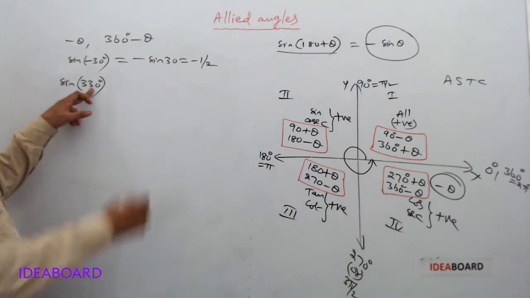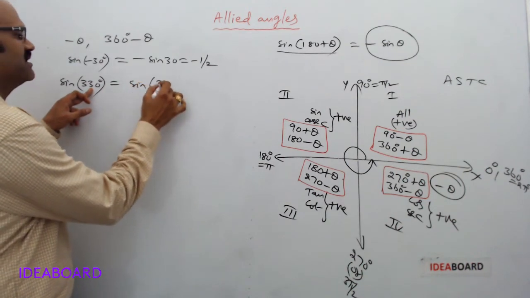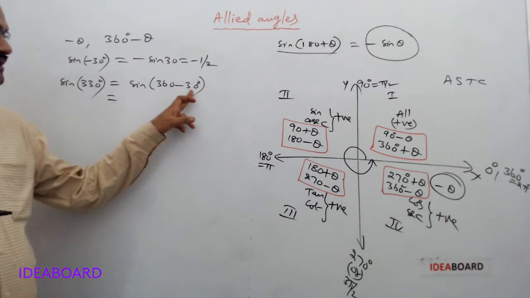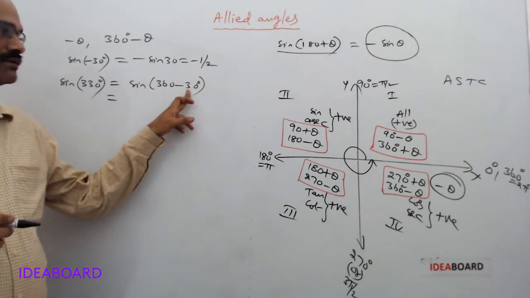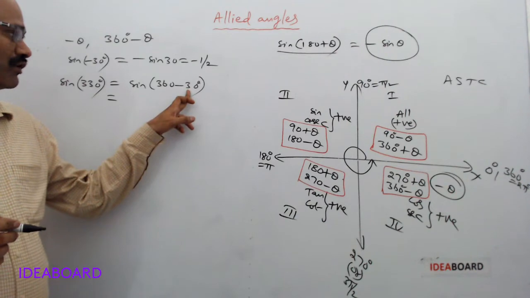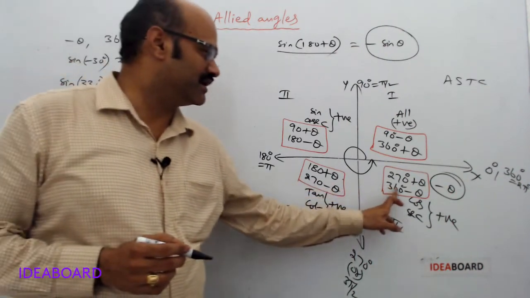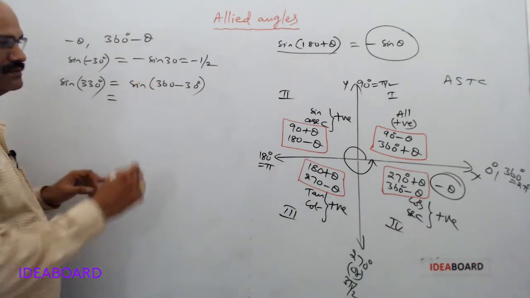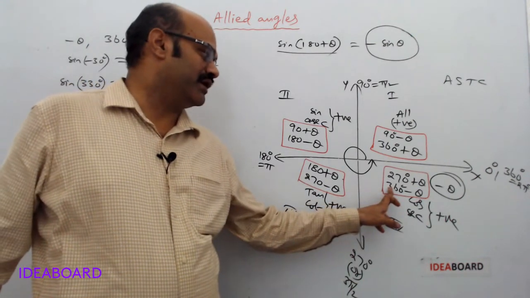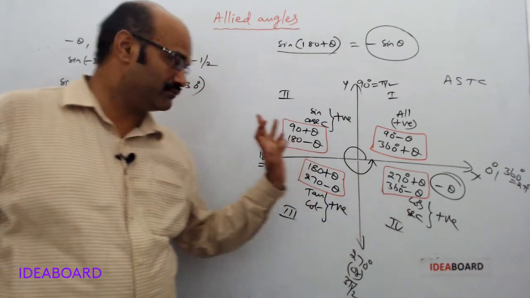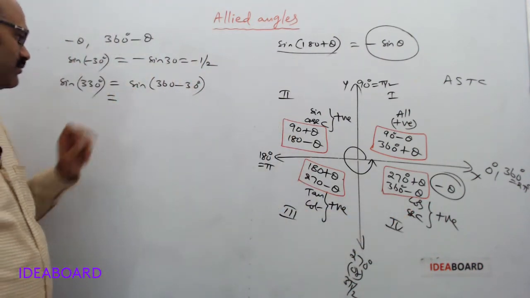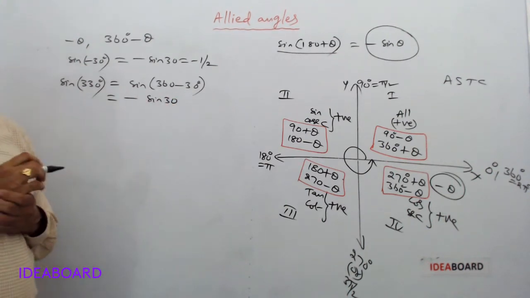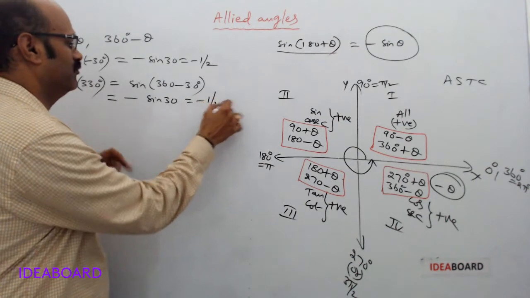We can take it as sine of 360 minus 30, that is 360 minus theta, which lies in the fourth quadrant. In the fourth quadrant cos and secant are positive. What about sine? Negative. So minus sine 30 equal to minus 1 by 2.